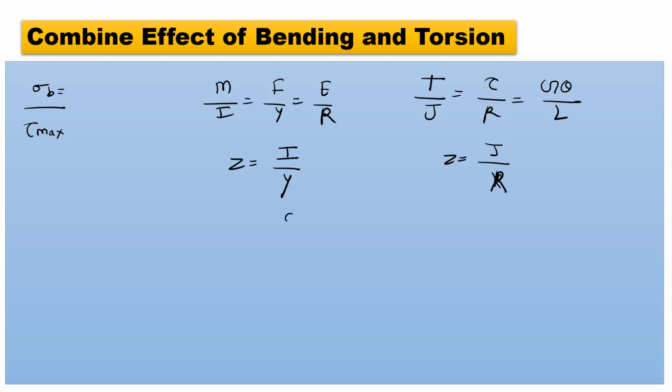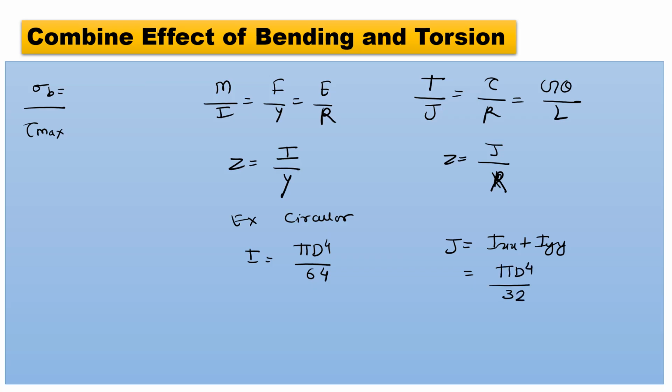For example, in case of a circular section, I, the moment of inertia, is pi d raised to 4 divided by 64. But the polar moment of inertia is the addition of two moments of inertia, about the x-axis and y-axis, which is pi d raised to 4 divided by 32. These are the values of the section modulus.